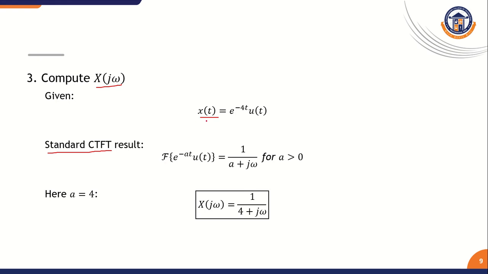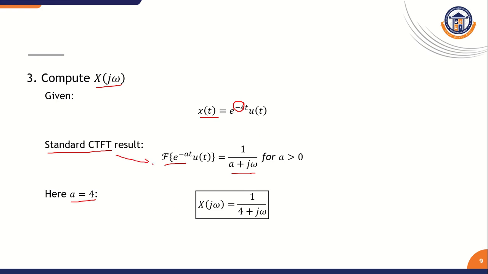Applying the standard CTFT result, the Fourier transform of e power minus a t into u of t equals 1 divided by a plus j omega. In this given problem, instead of a, we have minus 4. That is, instead of a we have 4 only, not minus 4. So a equals 4.